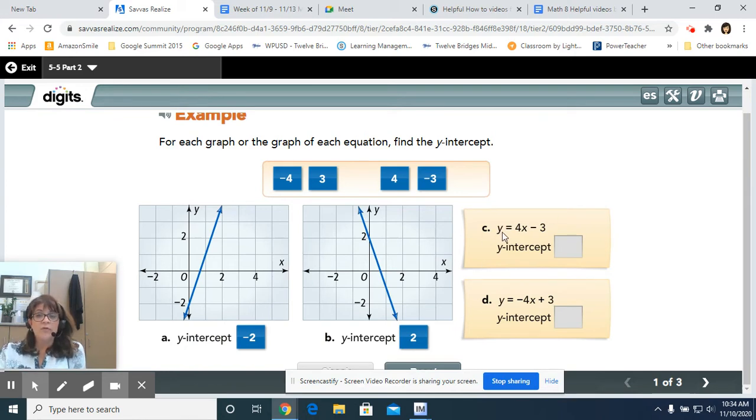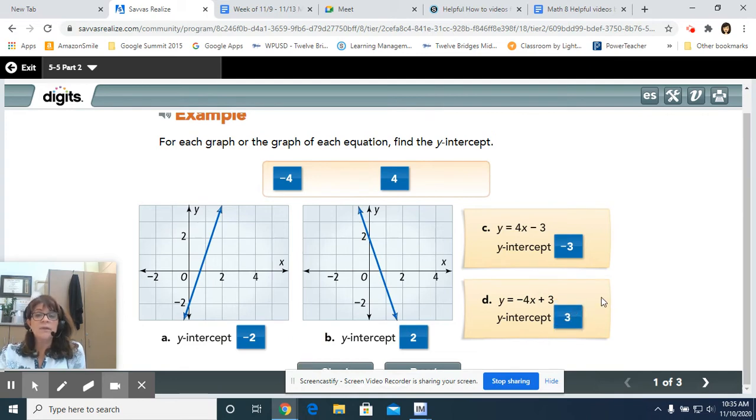This is in the correct format. y equals m, the slope, x, plus or minus a number. That is your y-intercept. So my y-intercept is negative 3. On this one, I'm going to have a negative slope. My y-intercept is positive 3.